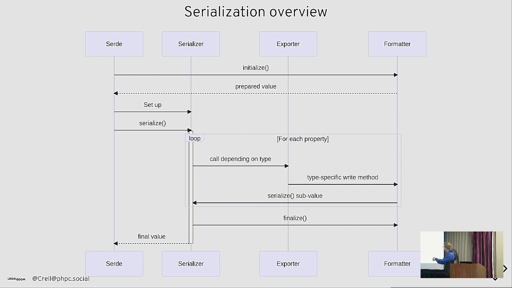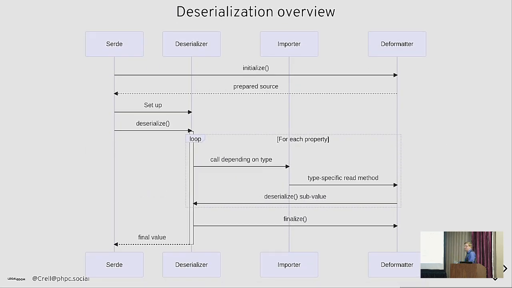And for each one, calls the right exporter, which is per type, which could be PHP type, or it could be class type. And then calls a type-specific write method on the formatter, which will in turn recursively call back to the serializer for sub-values in arrays or objects. So it's recursion all the way down. Deserialization, basically the same thing, just the order that these interact in is slightly different, but it's the same basic loop idea.